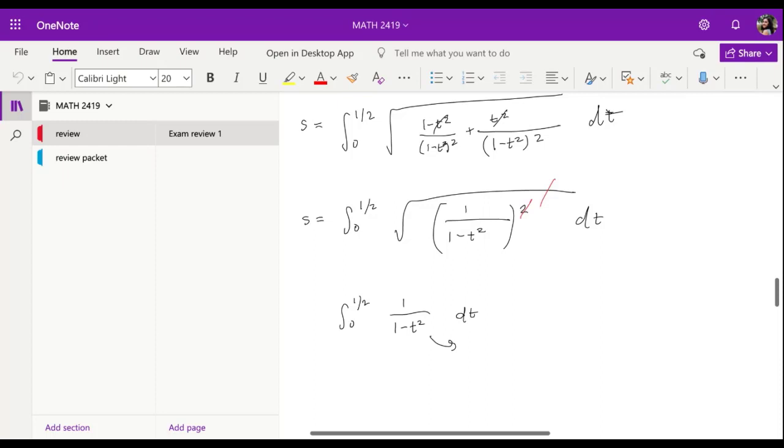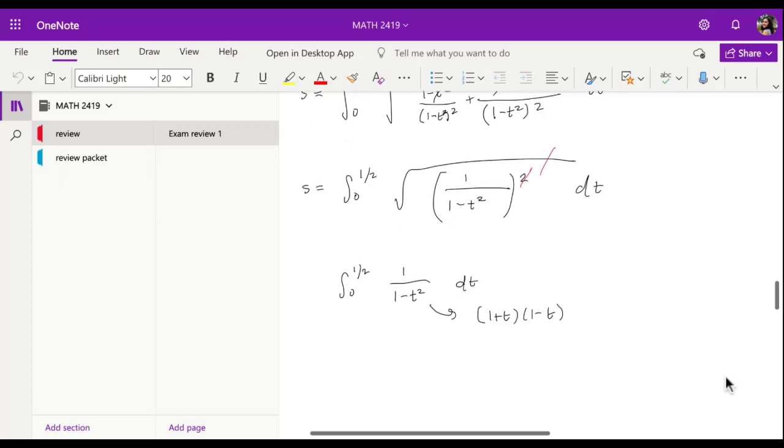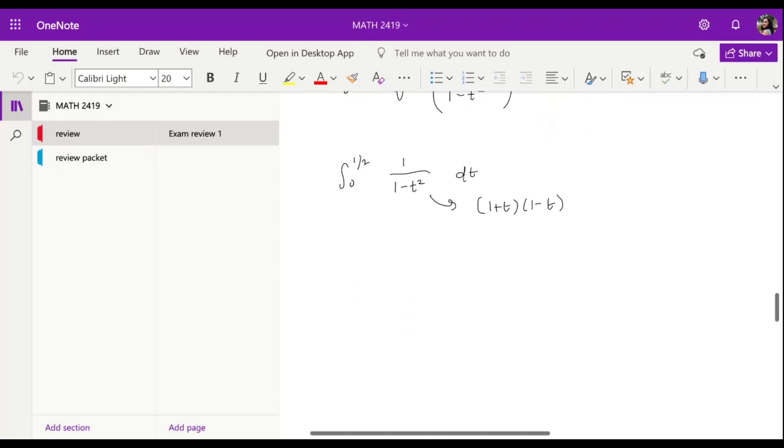So how many of you guys actually remember partial fractions? Make sure you guys remember all the integration methods that we learned from 2417 as well, because you're definitely going to be reusing that in problems like these. So we will use partial fractions and split this up.